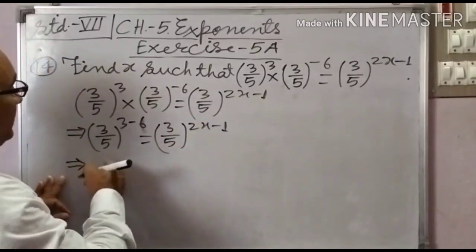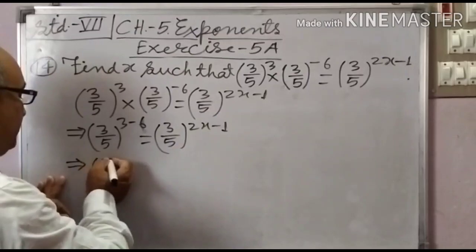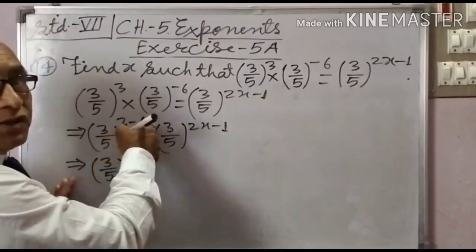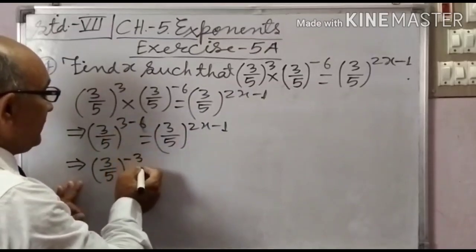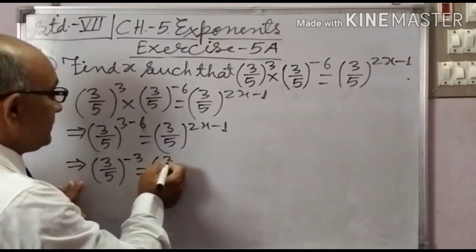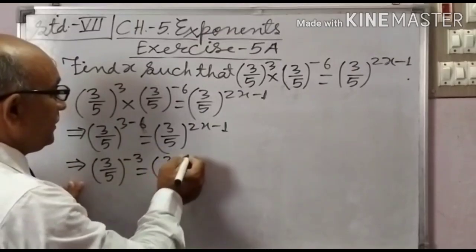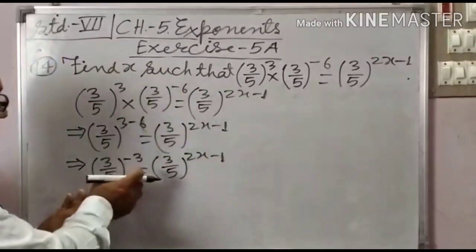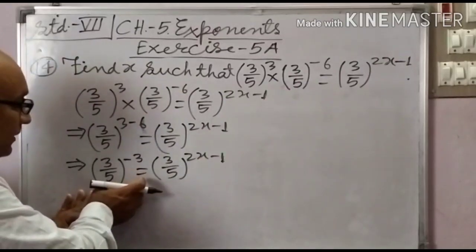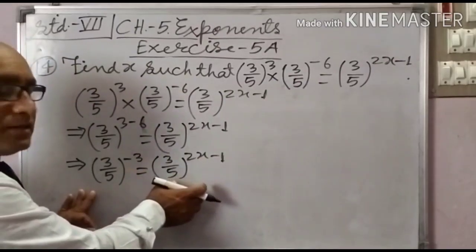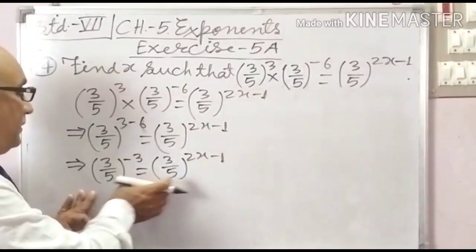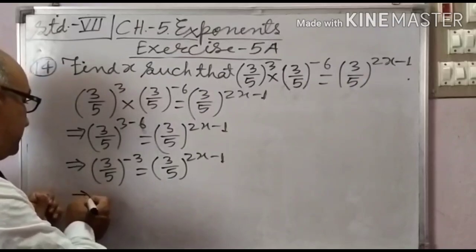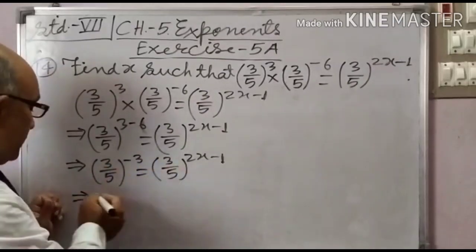Next step, that implies 3 by 5 to the power 3 minus 6 is minus 3. That implies 3 by 5 to the power minus 3 equals 3 by 5 to the power 2x minus 1. Here the base is 3 by 5 and this side the base is 3 by 5. Here bases are equal. That implies indices are also equal.